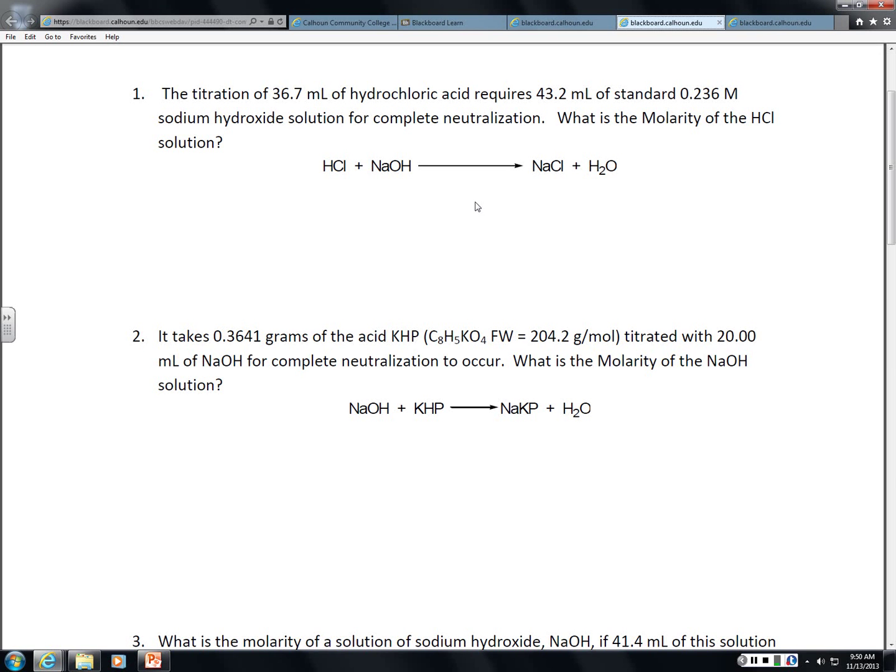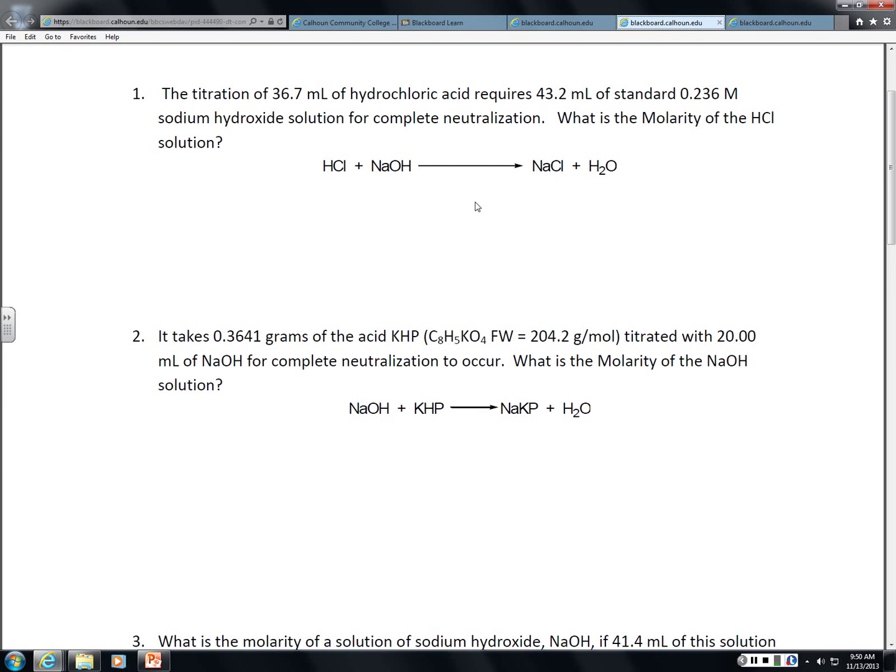Okay, when is this useful? Why is this useful? Okay, many times we will get acid solutions or basic solutions that we are not sure of the molarity, especially if they've been sitting out for a long time, if some of it's evaporated off.